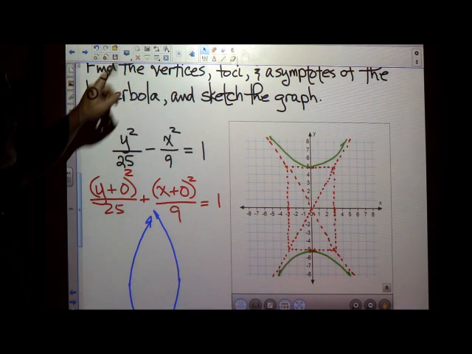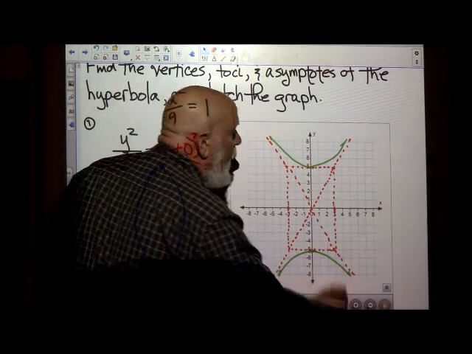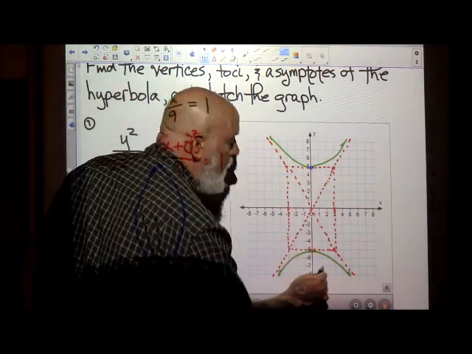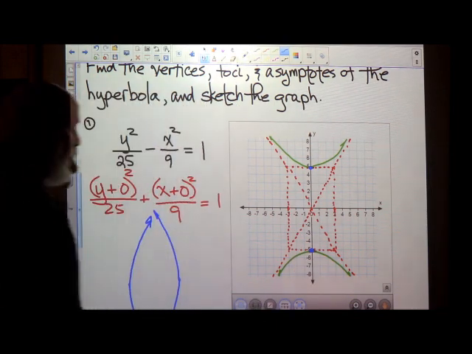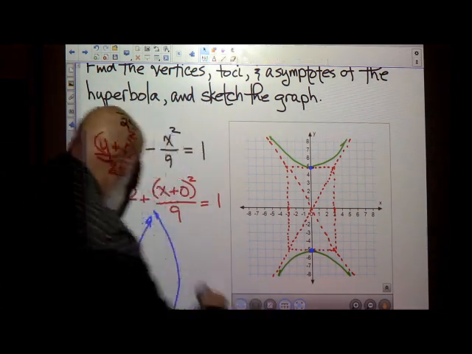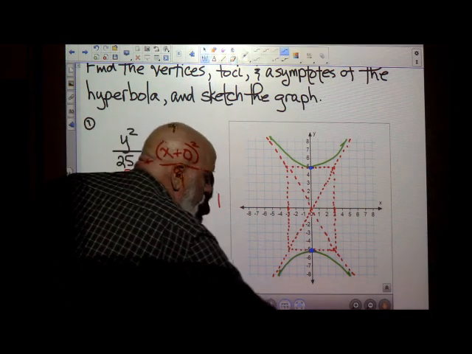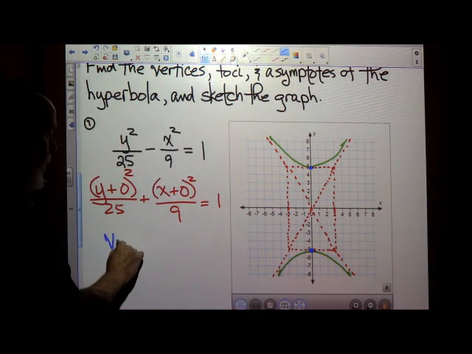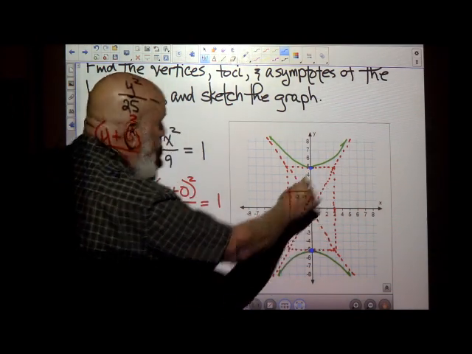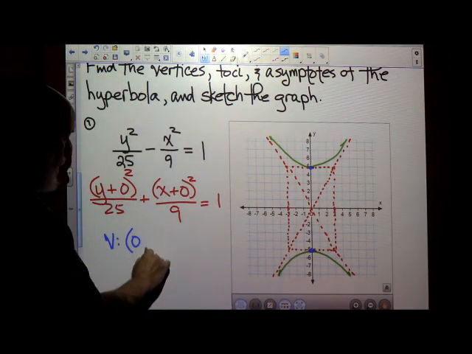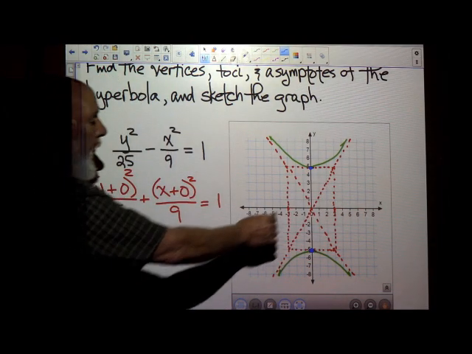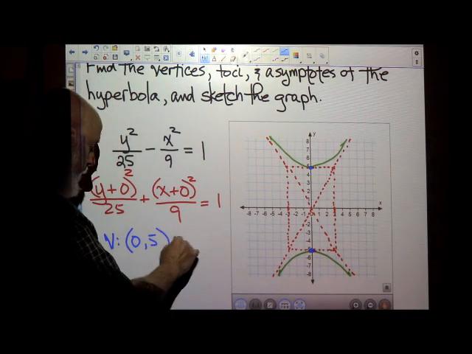We want to find the vertices. The vertices are these points right here. If I were asked to define or to identify them, I would say our vertices are the points over 0, up 5, and over 0, down 5.